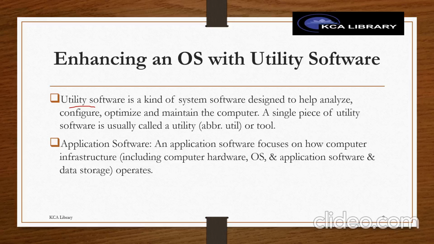It is also abbreviated as util or tool. We also have the application software, which focuses on how computer infrastructure operates. These may include computer hardware, operating system, and application software.